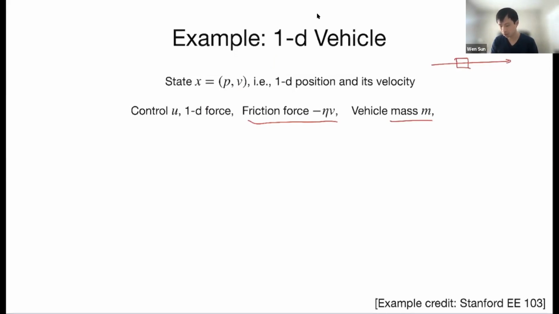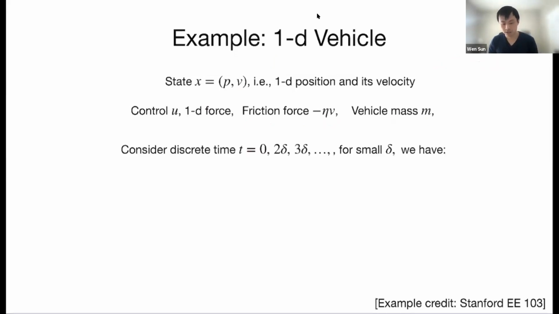Right, so let's consider discrete time, which is 0, delta, 2 delta, 3 delta, and so on and so forth. Right, so think about this as h equal to 0, this as h equal to 1, h equal to 2, h equal to 3, and so on, right?